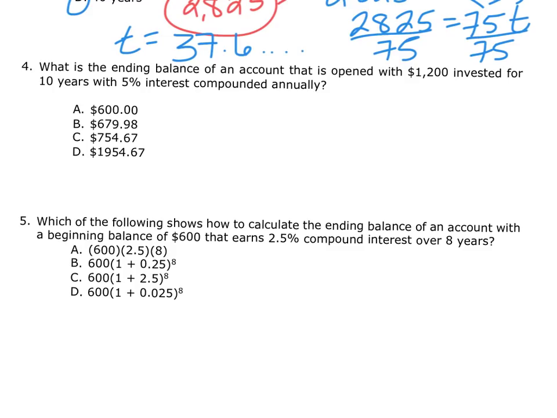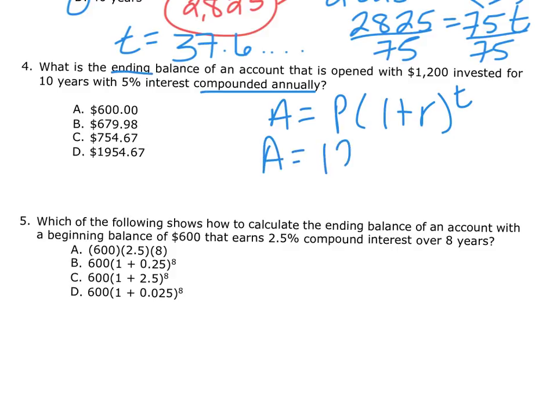Okay, what is the ending balance of an account that is opened with $1,200 invested for 10 years with 5% interest compounded annually? We want ending balance, which is good news because that's exactly what the compound interest formula gives us, the total amount in our account. So principal times 1 plus the rate to the power of t.